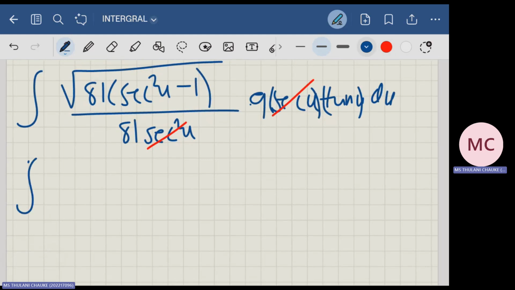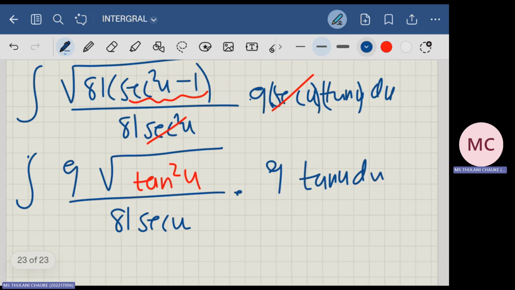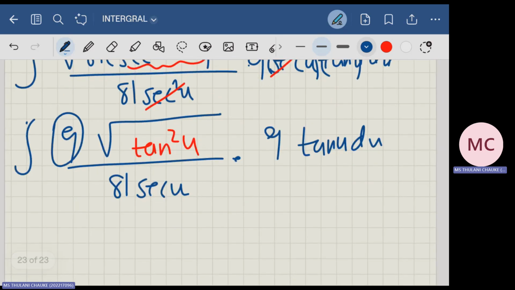Then you'll have the root of 9, the square root of, this one is an identity, tan squared u, all over 81 sec u multiplied by 9 tan u du.